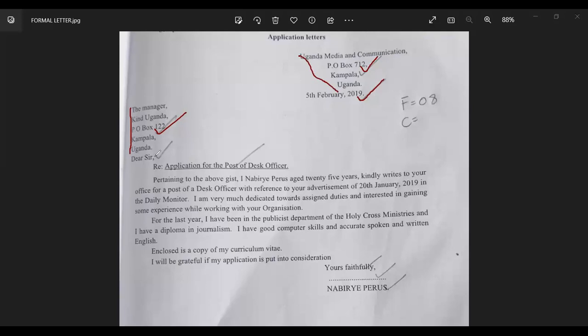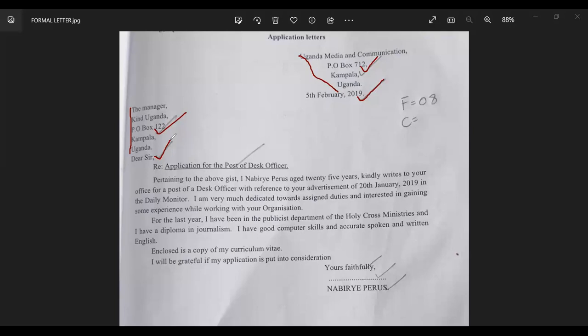Then we have the salutation, dear sir. Now you are encouraged to use dear sir or dear madam. One thing you need to know is that we only use madam when you are sure that the person you are writing the letter to is a woman. But if it has not been specified, it is important that you use sir.